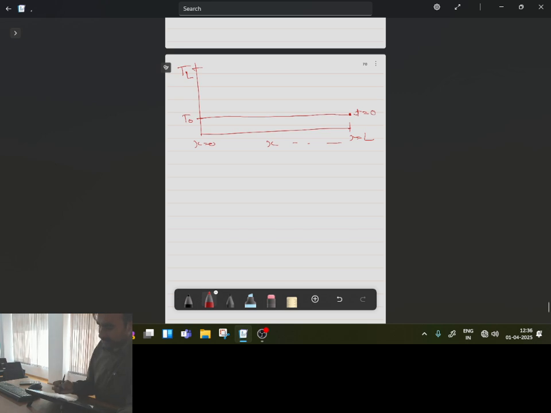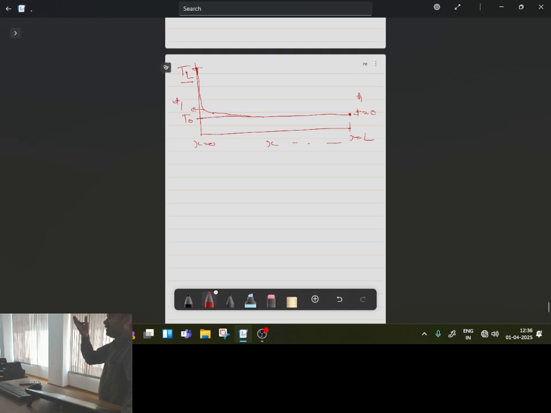After that, what you have done? Say, now there is some time T1. At some time T1, the left portion is at TL and the right is at T0. So physically we will find that in the zone close to L, there will be a sudden gradient of temperature, and in the remaining portion it will be almost 0. So this will be true for T1.